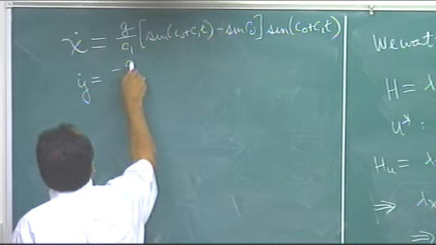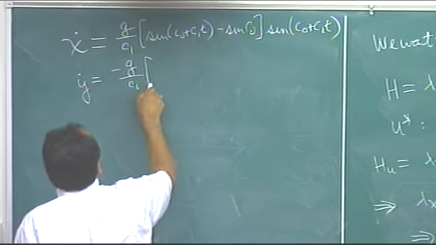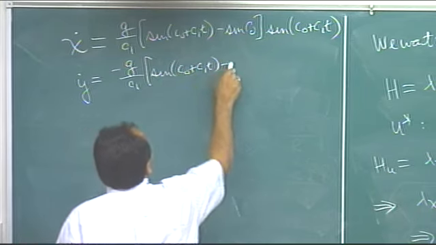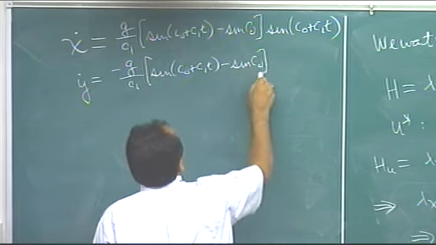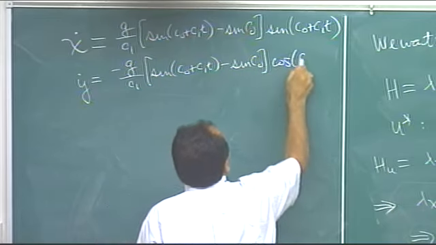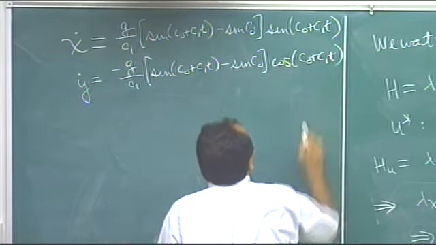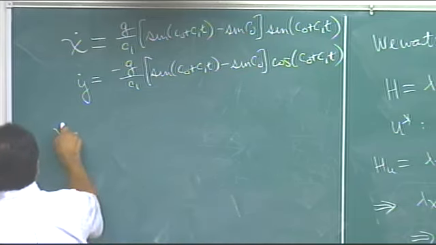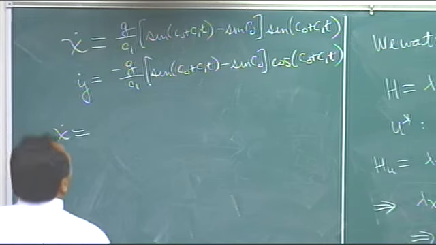I get minus g over c1 times the sine of c0 plus c1t minus the sine of c0 times the cosine of c0 plus c1t. So this is really not that complicated, but I'm surprised that no one discovered this. Okay, so now if I rewrite this, what do I get?